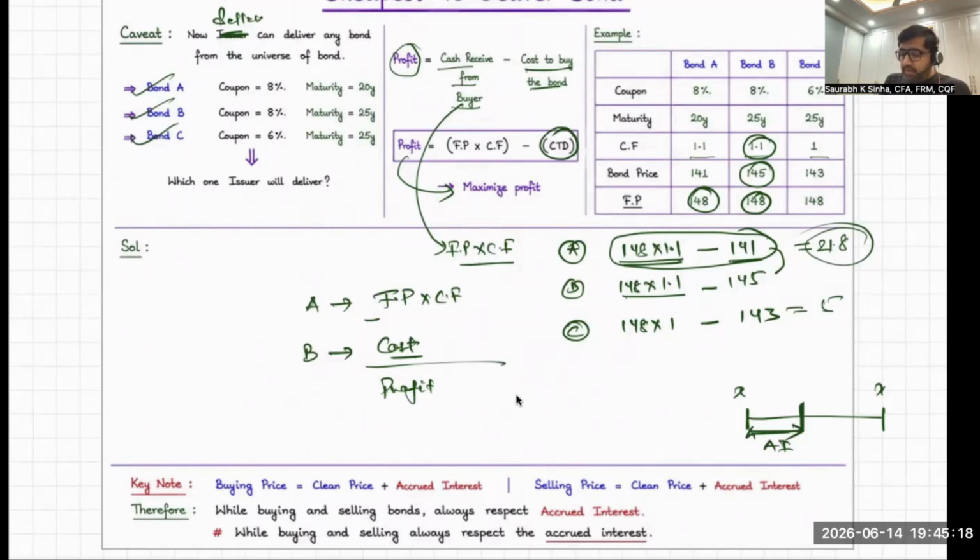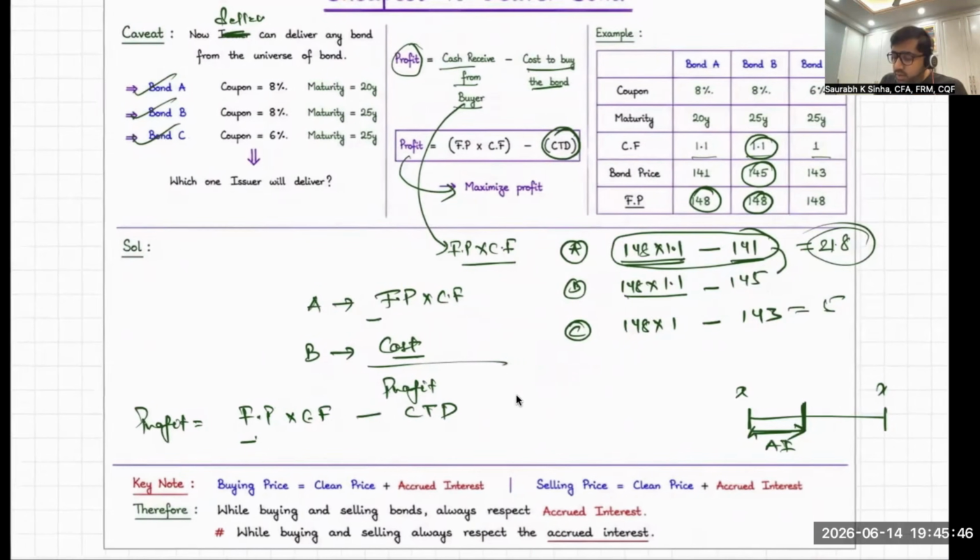Okay. So the profit formula is fixed. That is FP into conversion factor minus cheapest to deliver. But this formula is only valid if the maturity of the future contract is on the coupon date. If it is not on the coupon date, you have to calculate the accrued interest.